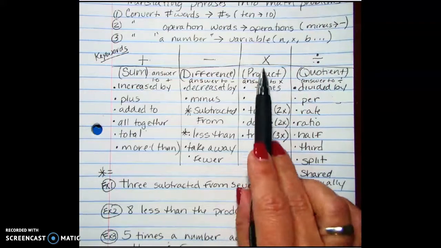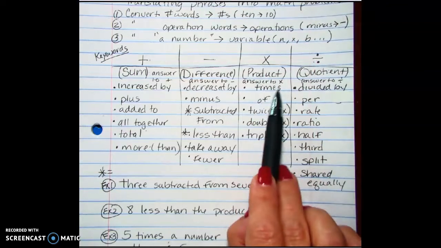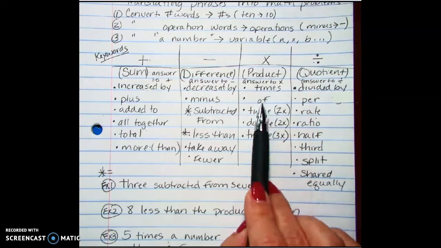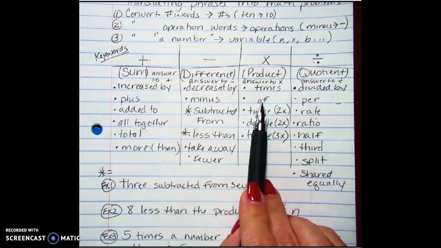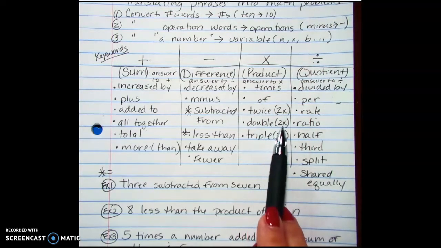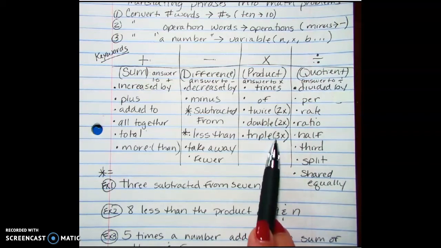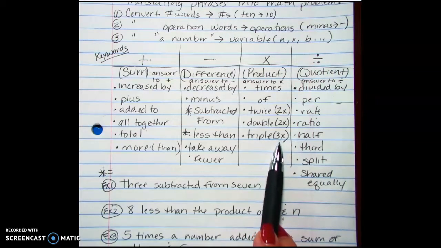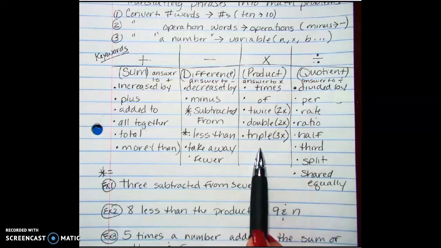So another term for multiplication is times, which we used with percentages. So we take 20% of a number. Twice means 2 times. Double means 2 times as well. Triple would mean 3 times. So we can continue on with quadruple and quintuple, etc.